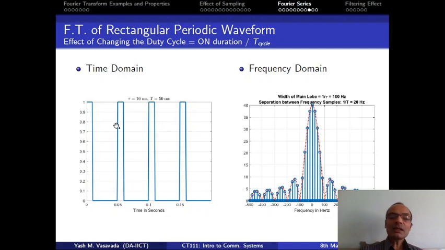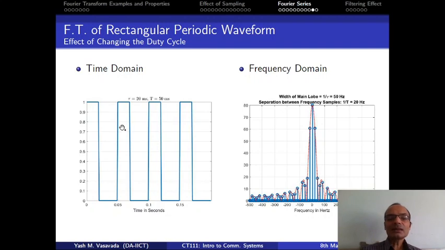In the time domain, although I made the width of the pulses twice as much, I didn't change the period. You will see here, it is still 50 millisecond. And therefore the frequency domain impulses are still 20 hertz apart. It's just that the Sinc function became thinner, more compressed.